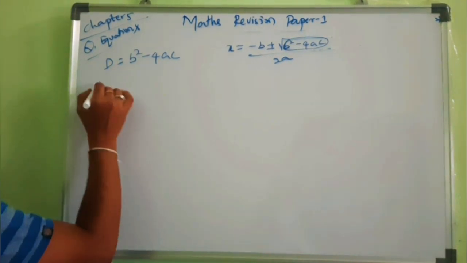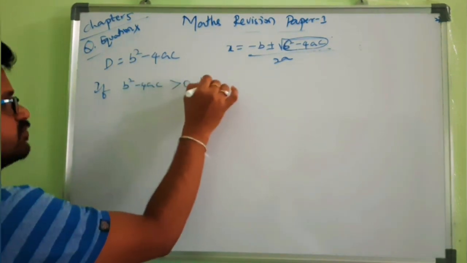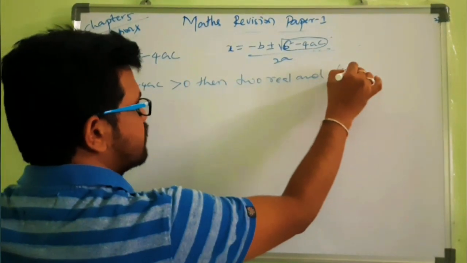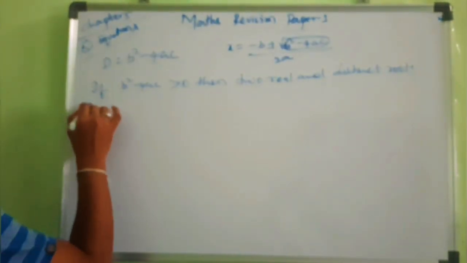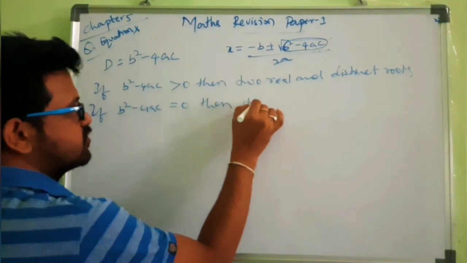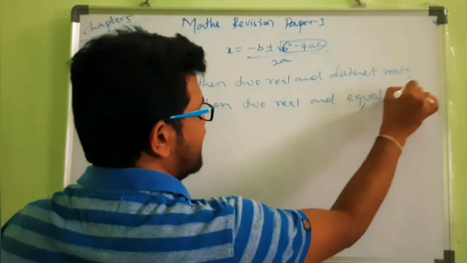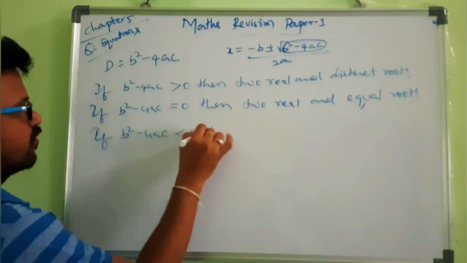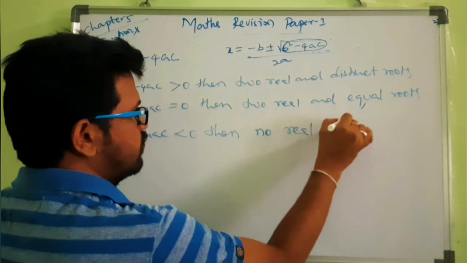So if b square minus 4ac is greater than 0, then two real and distinct roots. If b square minus 4ac is equal to 0, then two real and equal roots. If b square minus 4ac is less than 0, then no real roots.